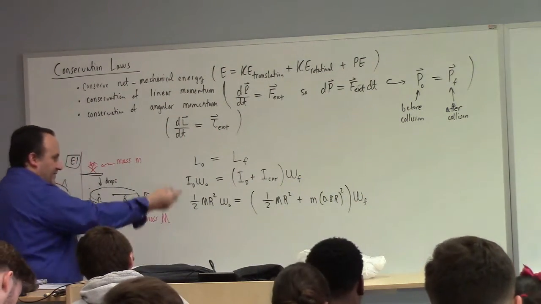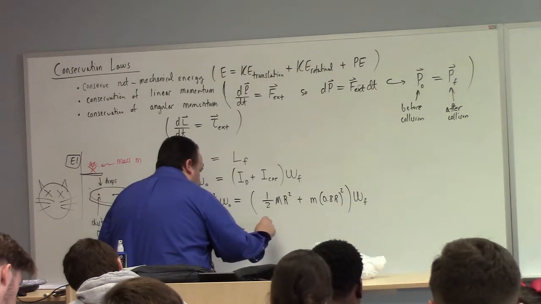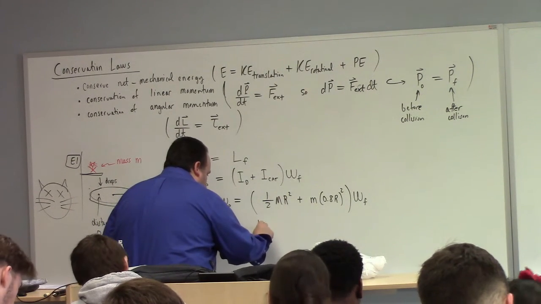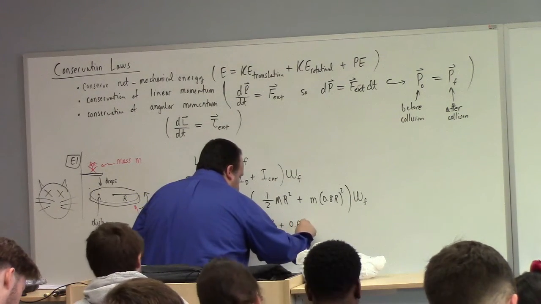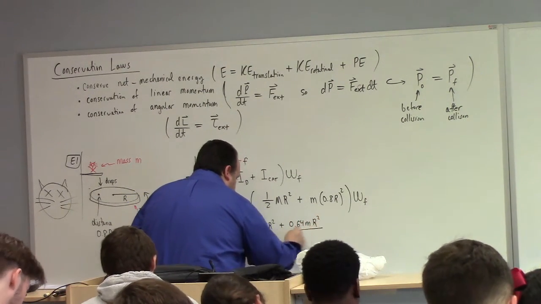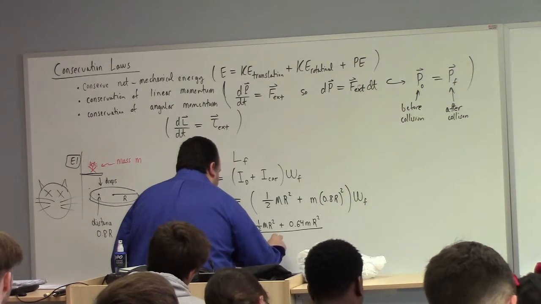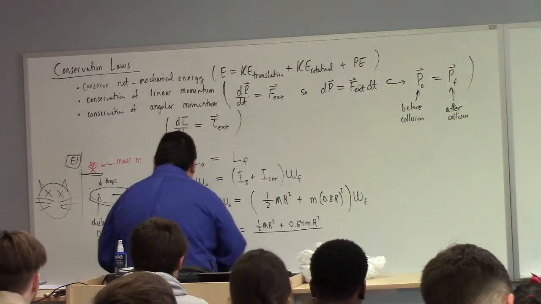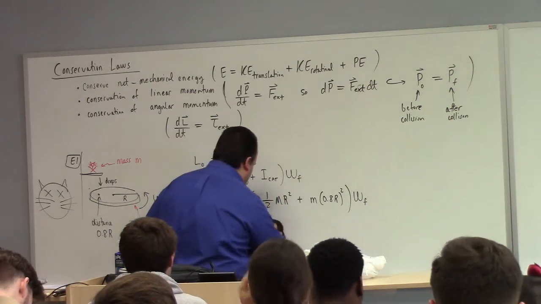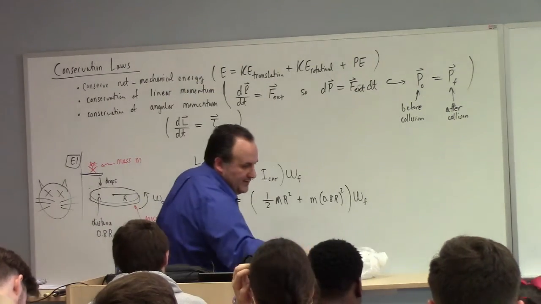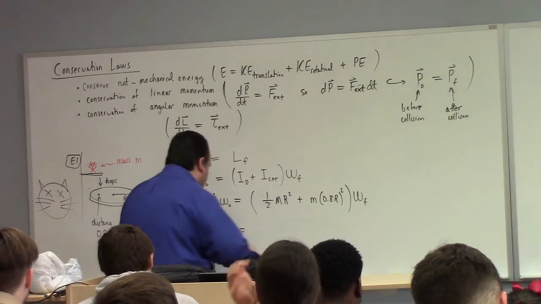So in short, solve for omega f. Omega f is equal to 1/2 M r squared plus 0.64 little m r squared in the denominator. Poor choices on my part. But I'm going to reclaim the calculation and divide by r squared since it's everywhere.